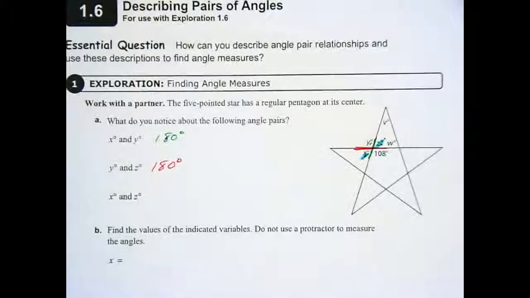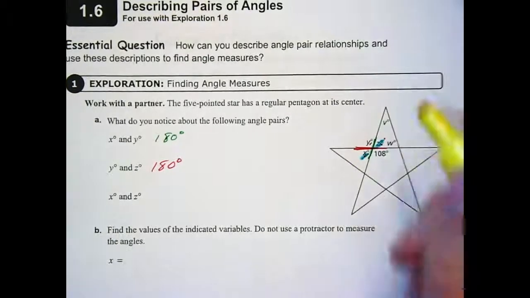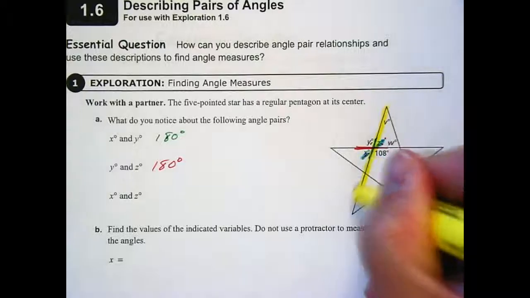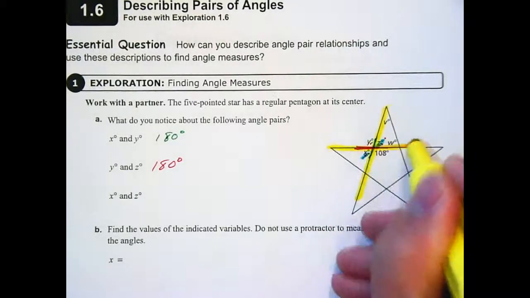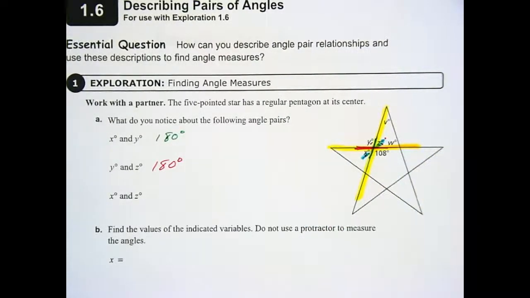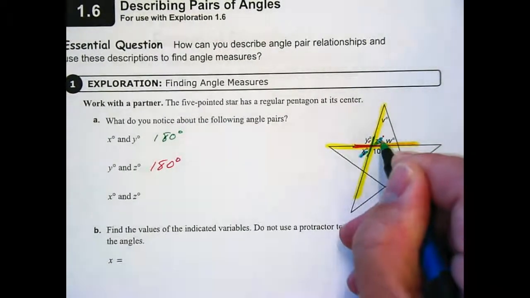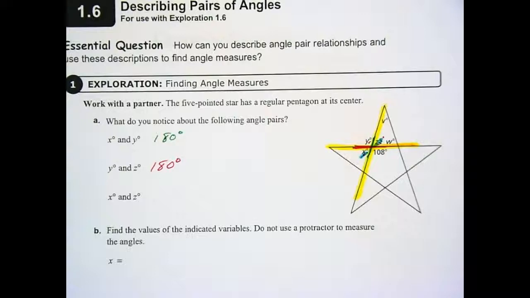In math, did anyone know what we call that? That is called vertical angles. Anytime you have two lines crossing, like so, they make two sets of vertical angles. You have this set right here, X and Z. Tell your neighbor another set of vertical angles there.